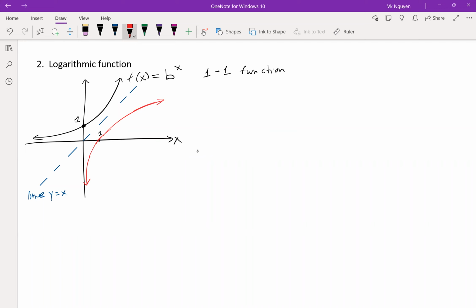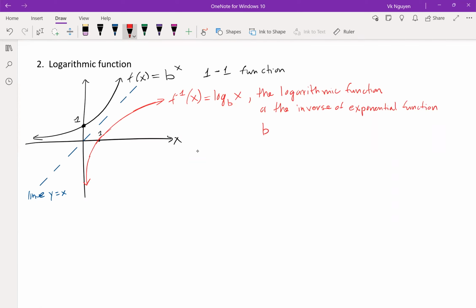And it is defined to be f inverse of x, which is log base b of x, the logarithmic function, or the inverse of an exponential function. b will stay the same because this is the base. b is greater than 0 and b is different from 1.